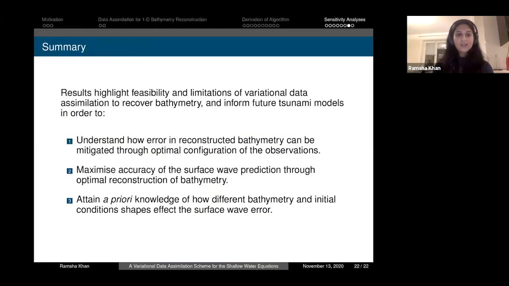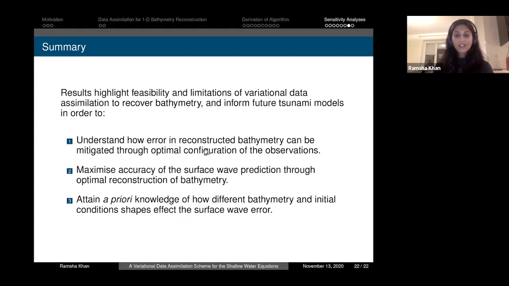And so in summary, essentially the aim of this work was to highlight the feasibility and the limitations of variational data assimilation to recover bathymetry and apply it to effectively forecast tsunami models in the future. And we wish to understand how the error in bathymetry can be mitigated.